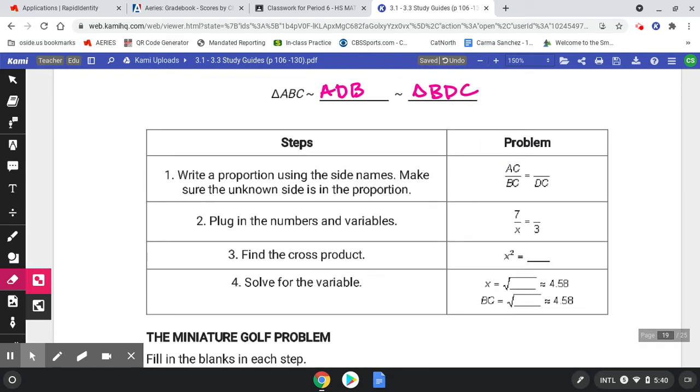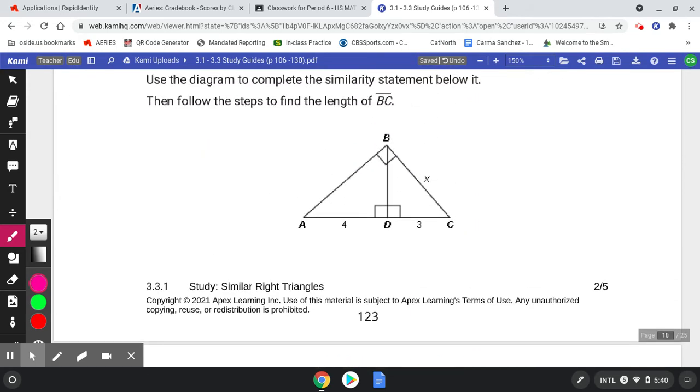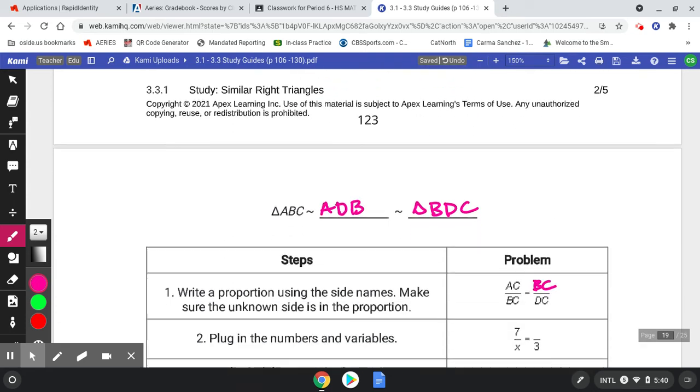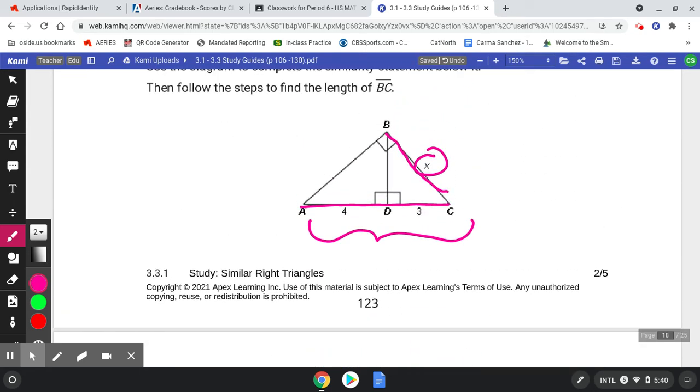Okay, let's go talk about writing proportions then. So we could say that AC is to BC as BC is to DC. And so plugging in the numbers from that image above, we're going to go 7 is to X. That's the long side compared to the bottom of that one. 7 is to X as X is to 3.